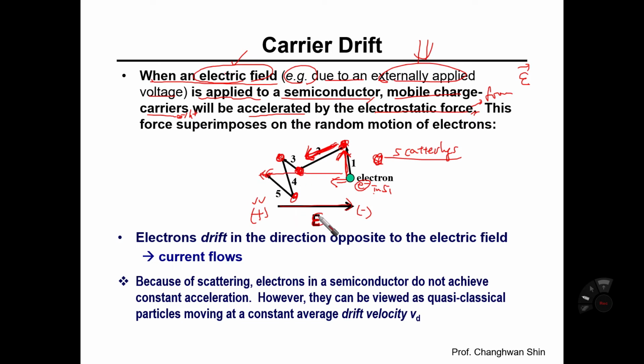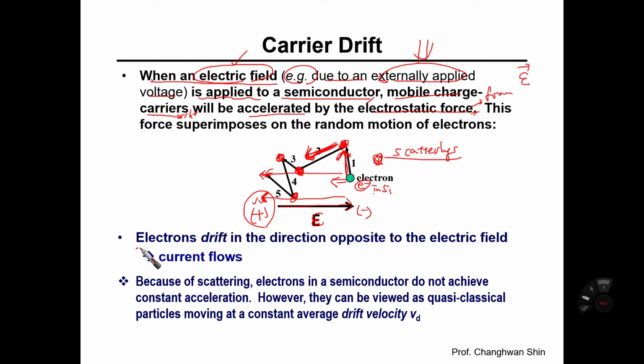Those scattering events happen quite often, and each instant the direction of electron movement is quite often changed. But in the end, the electron is moving toward the plus electrode direction.